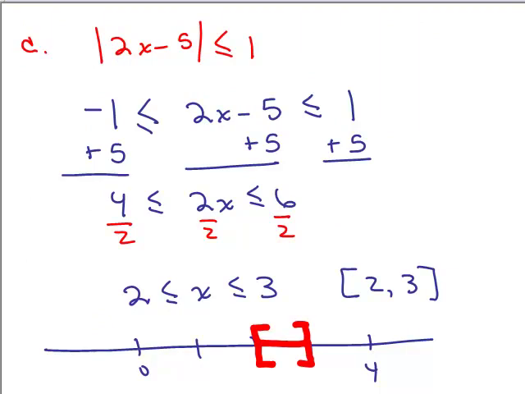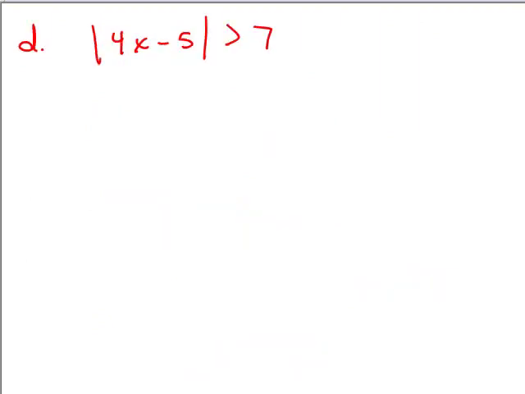Now let's go on to D. Truly the last problem on the practice test. So we've got absolute value of 4x minus 5 is greater than 7. So this breaks up into two possibilities. Either what's inside there is greater than 7, or what's inside there is less than negative 7.